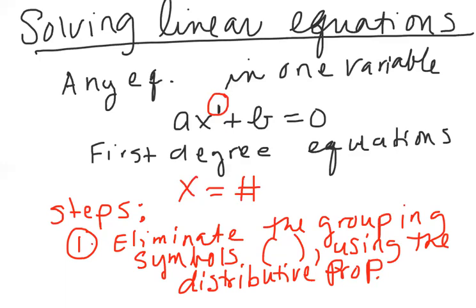I'm going to give you a quick example of this because I need you to understand what's going on. So moving on, let's say you are given 3 times (2x minus 5) is equal to 6. I'm just making this up as I go along. So you got an equation that contains parentheses, and you want to eliminate the parentheses.